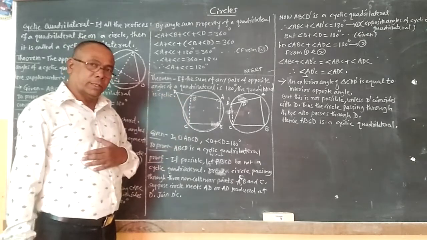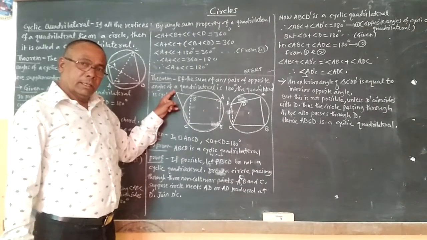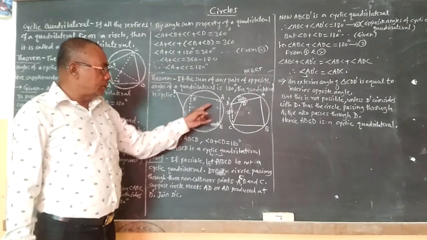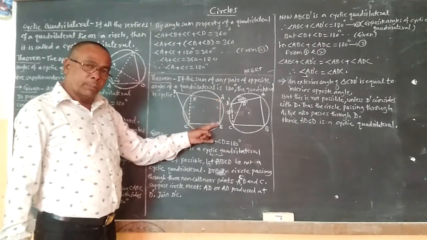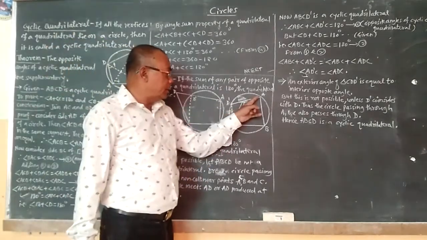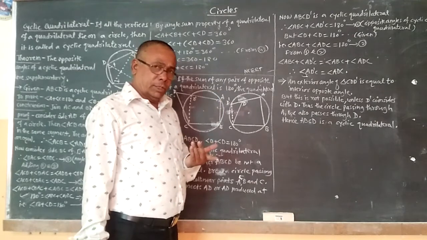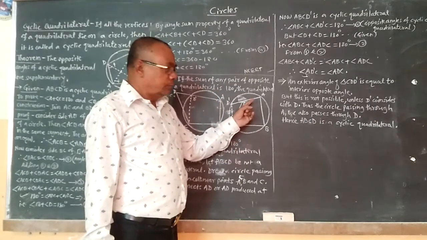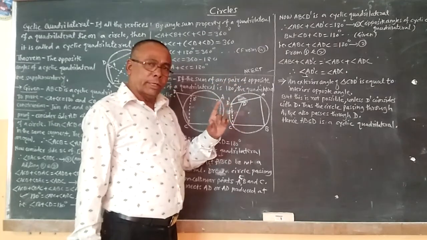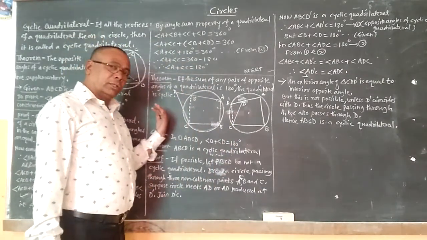Here I have drawn two figures. ABCD is a quadrilateral, and I have drawn a circle passing through the three non-collinear points A, B, C. Here, in the other figure also, ABCD, again I have drawn a circle which is passing through three non-collinear points A, B and C. So here we will write the theorem.